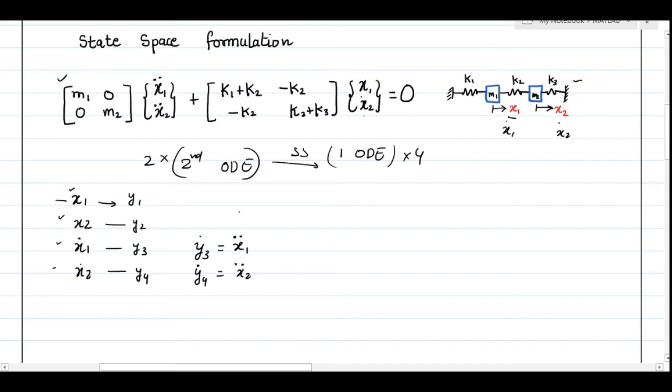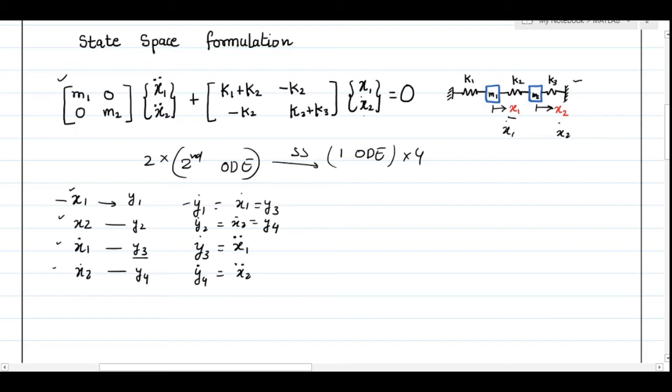If I write x1 dot, that will be y1 dot. So y1 dot will become x1 dot, but we know that x1 dot is equal to y3. So we can again write this is equal to y3. And similarly, y2 dot will become x2 dot, or I can replace it with y4.